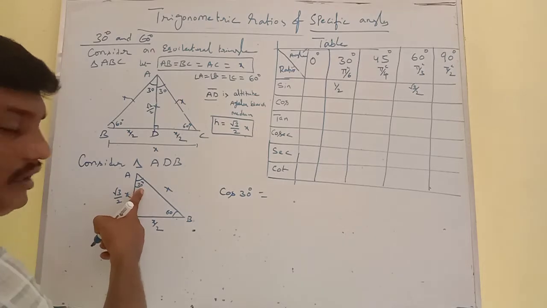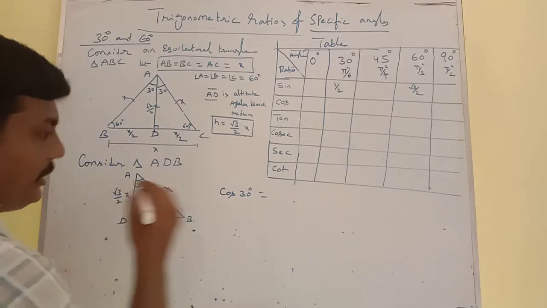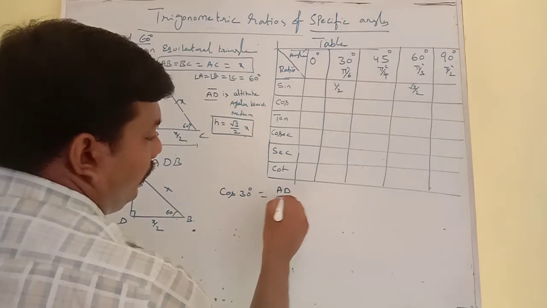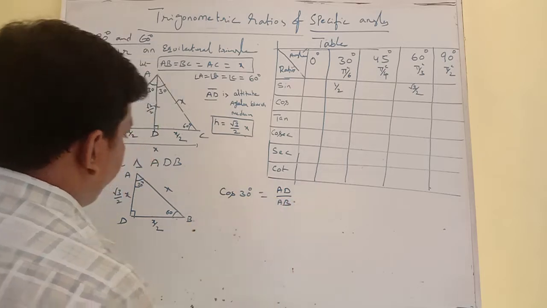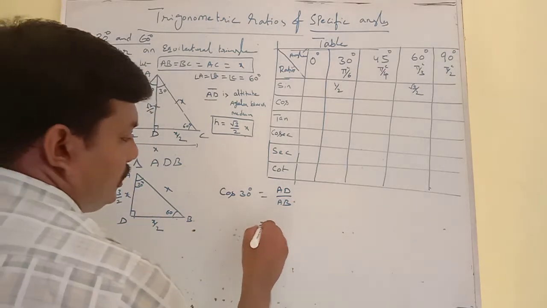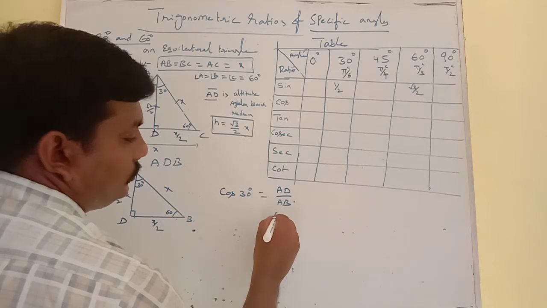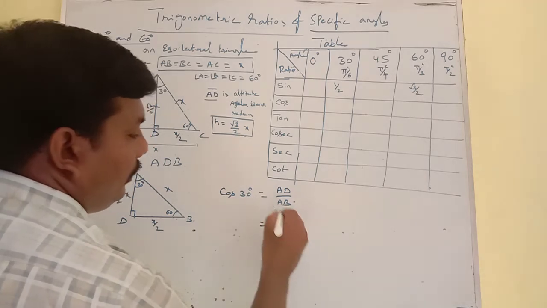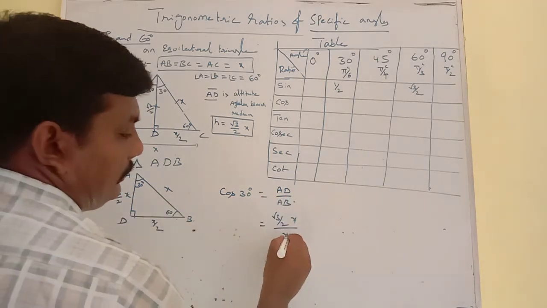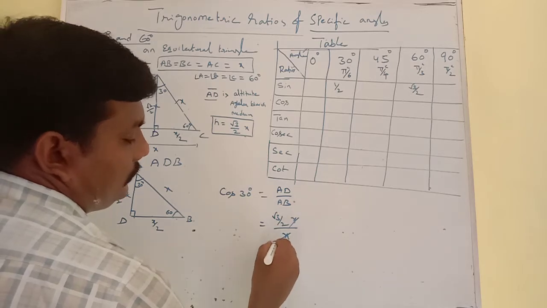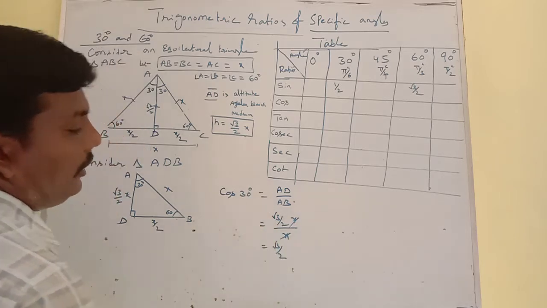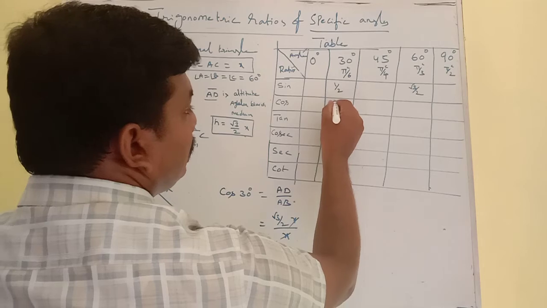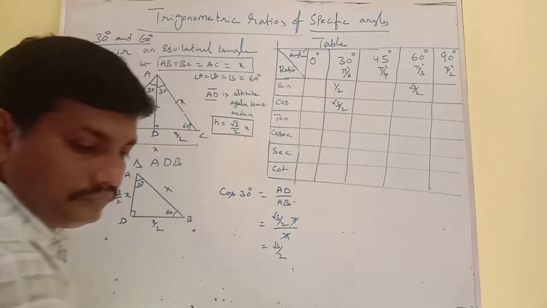The adjacent side of 30 is AD, and the hypotenuse never changes, that is AB. AD is root 3 by 2 into x, divided by AB, which is x. The x cancels, so the answer is root 3 by 2. Cos 30 is root 3 by 2.